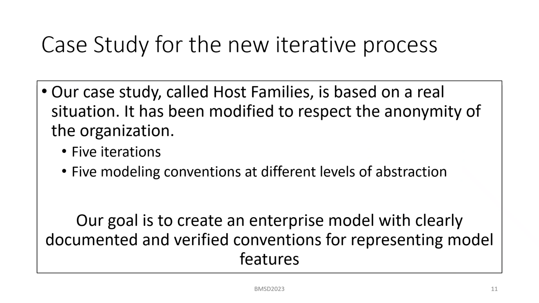We have tested the proposed process on a real case study called host families. Here we present an anonymous version. We use 5 modeling iterations with 5 modeling conventions. Our goal is to create an enterprise model with clearly documented and verified conventions for represented modeling features.